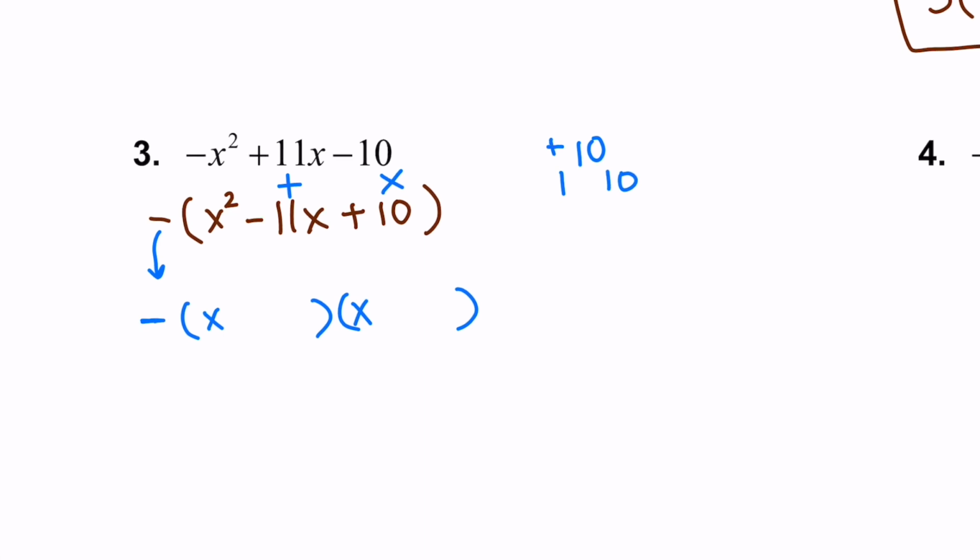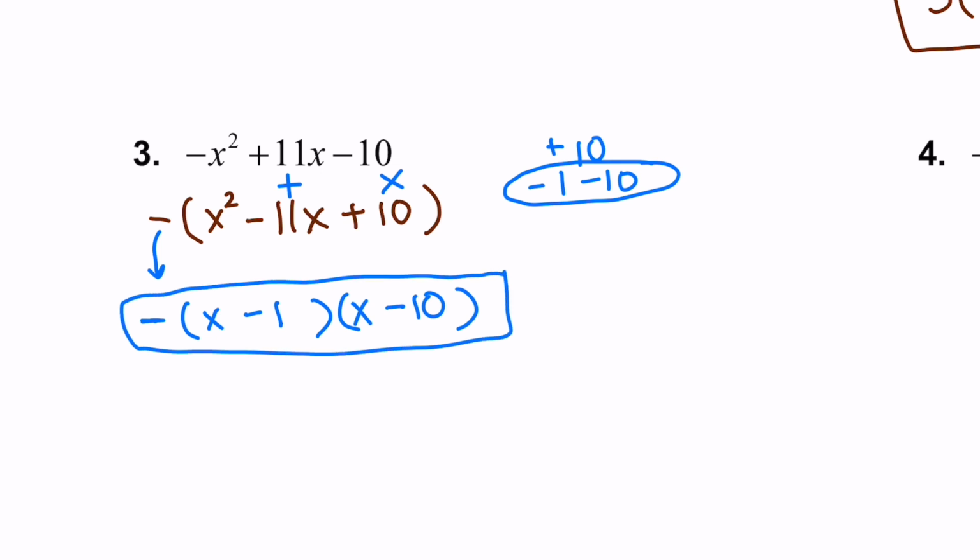Now since this is a positive 10, they either both have to be positive or they could both be negative. And if I take a negative 1 and a negative 10, that's going to equal the negative 11 I'm looking for. So I have a minus 1 and a minus 10, and this is what this factors out to. Make sure when you write your answer, there is a negative in the front.